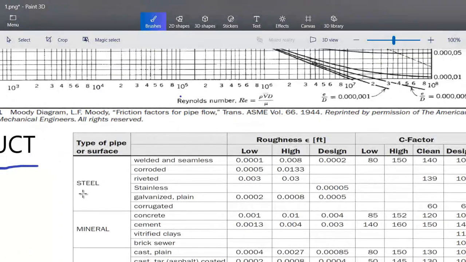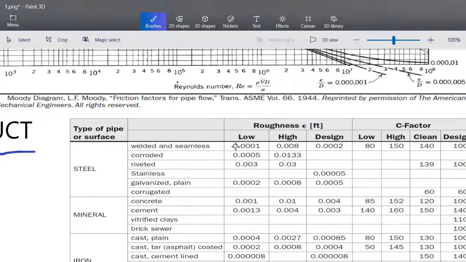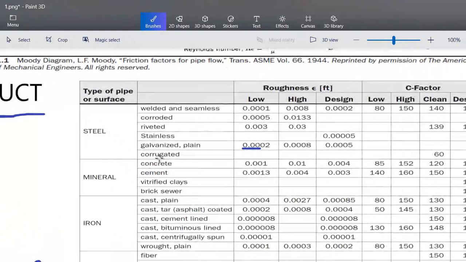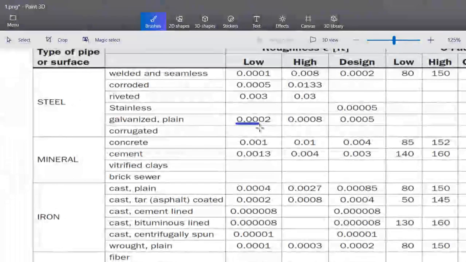For steel, stainless steel, galvanized, plain, we have the value low, high, design. I think we'll be using siguro na lang low value type of pipe of surfaces. This is type of pipe, so steel, okay. So we have the value of 0.002 galvanized, plain.